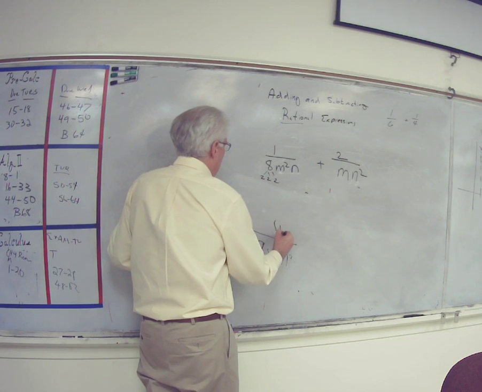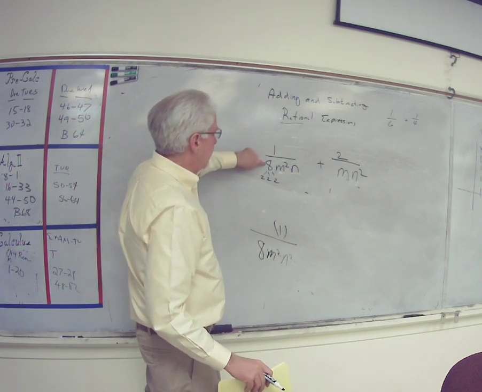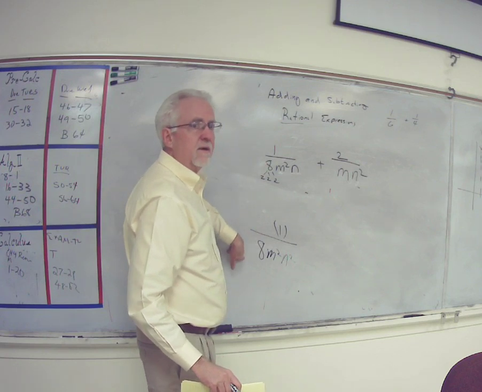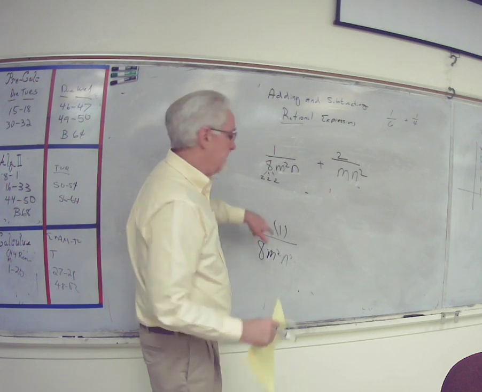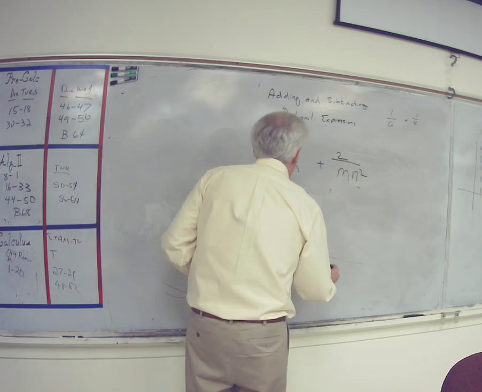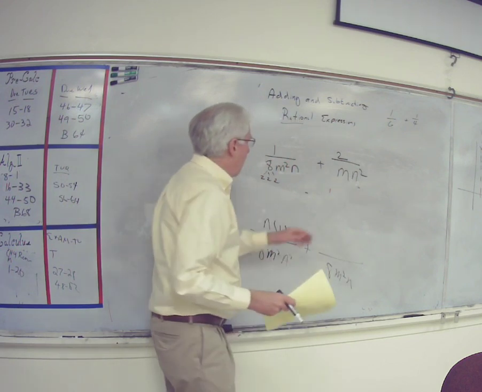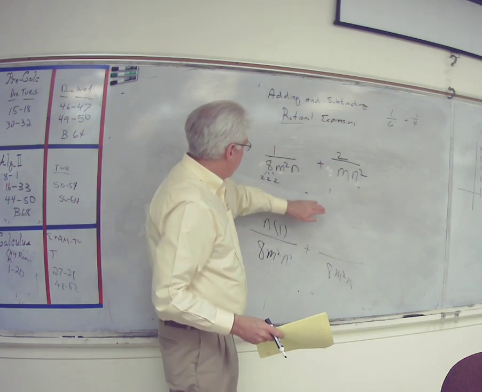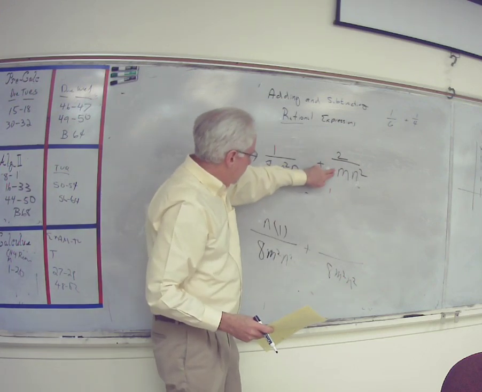Okay, and then I had a 1. What did I multiply this denominator by to go from here to here? N. So what do I have to multiply the numerator by? N. Okay? And Josie, I'm going to let you do this one as well. So we're going to go 8m squared n.